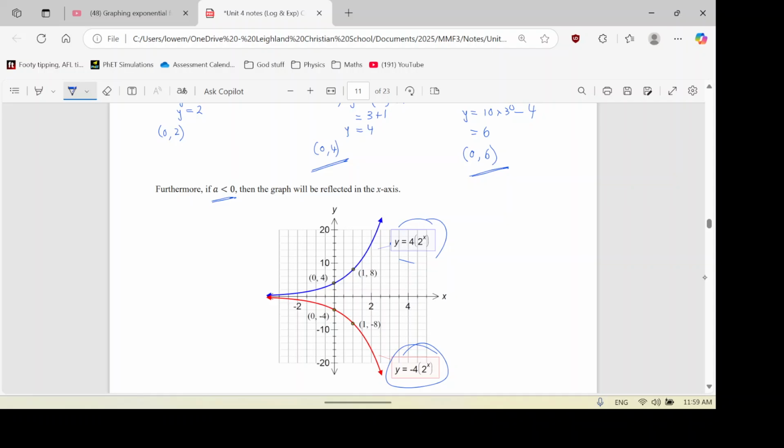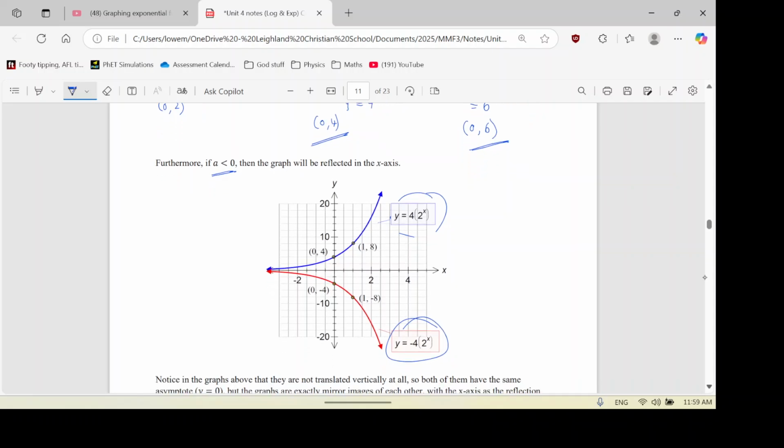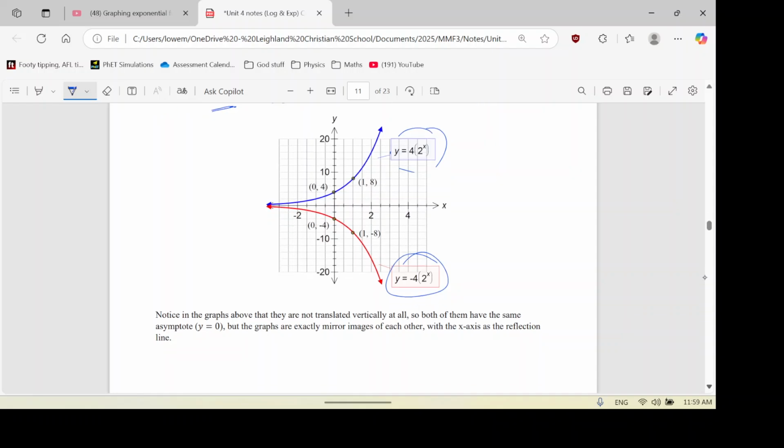The shape will be exactly the same, except this one is simply reflected in the x-axis. So your x-axis acts as your mirror line, and this blue curve is reflected over and becomes the red curve, as we've seen with other functions as well. So that's all important to keep in mind.